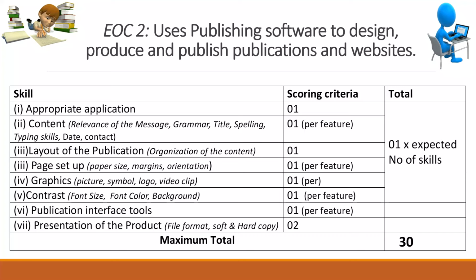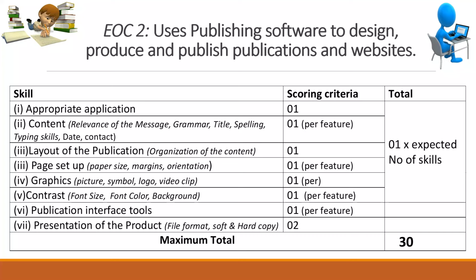Is your content well organized? For a publication, have you done page setup, the margins and orientation, either portrait or landscape? Have you included some graphics, that is pictures, symbols, logos, or even video clips if necessary? Then contrast: look at font size, color, and background.